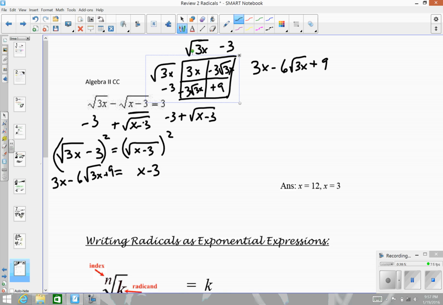So now I've still got a radical, so I need to isolate that radical, which means I'm going to subtract 9 from both sides, and I'm going to subtract 3x from both sides. This leaves me with negative 6 radical 3x equaling x minus 3x gives me a negative 2x minus 12.